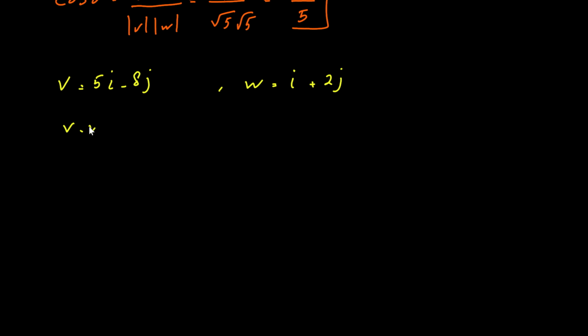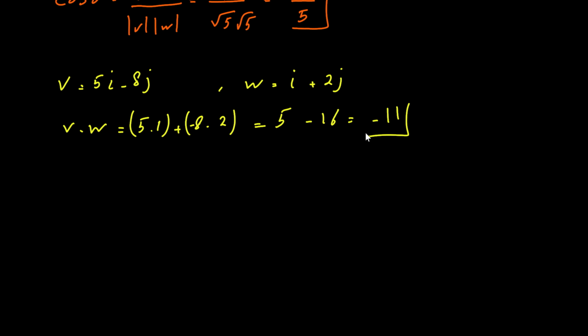So v dot w: 5i multiplied by 1i, so 5 times 1, minus 8 times 2. Let me put this one in parentheses so we know what's going on. So it becomes 5 minus 16, and that gives us negative 11. And that's how we do the dot product of this one.